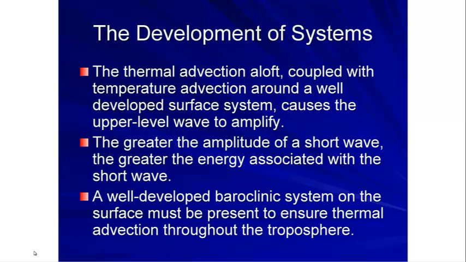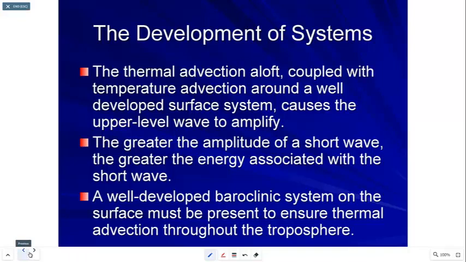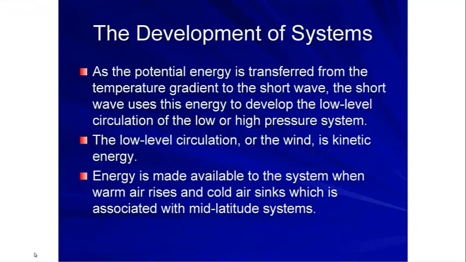A well-developed baroclinic system on the surface must be present to ensure thermal advection throughout the troposphere. As the potential energy is transferred from the temperature gradient to the short wave, the short wave uses the energy to develop the low-level circulation of the low or high pressure system.